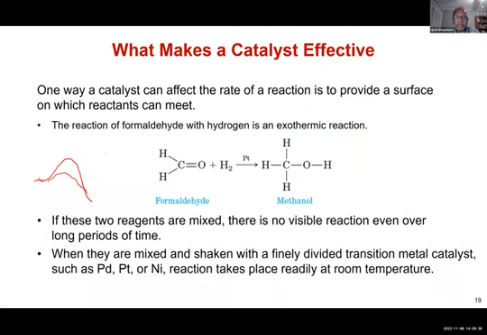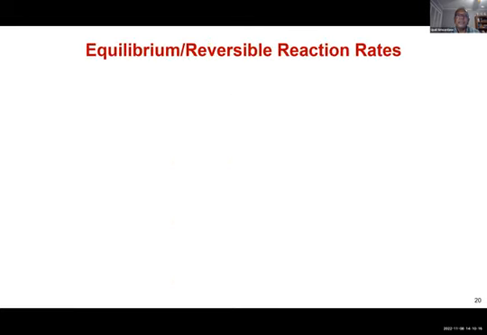But when they are mixed and shaken with finely divided transition metal catalysts such as palladium, platinum, nickel, we use nickel here. Nickel is inexpensive, so cheaper. The reaction takes place readily at room temperature. So you don't even have to heat the mixture. Shake the reactants together, and the reaction takes place. Catalysts help to lower the activation energy and increase the rate of reaction.